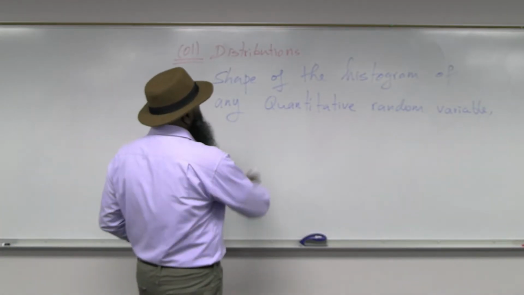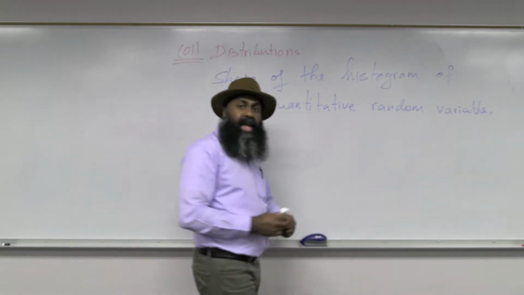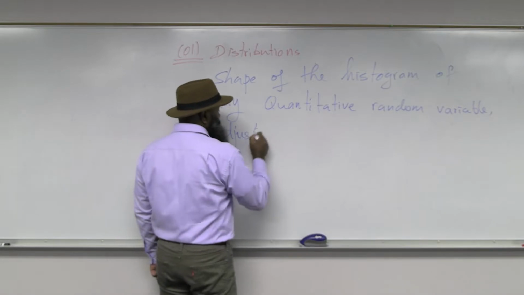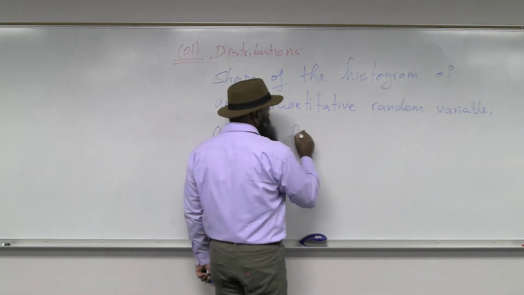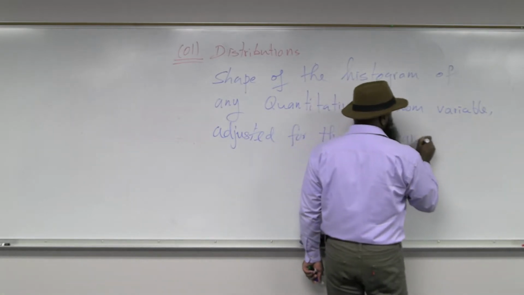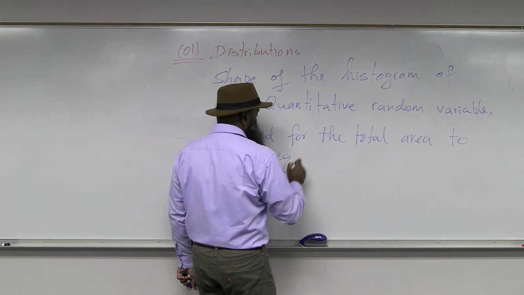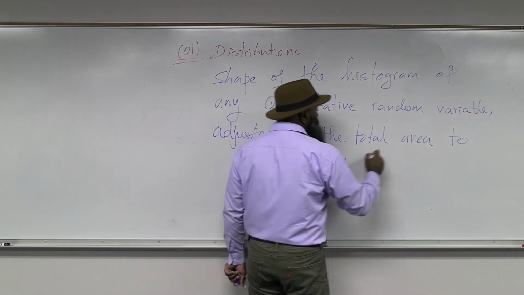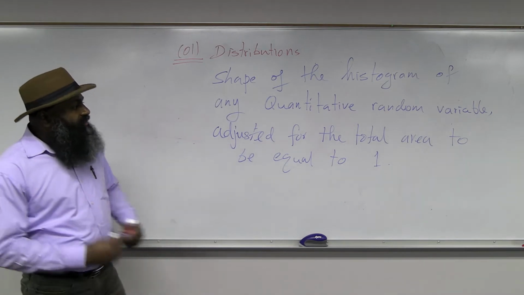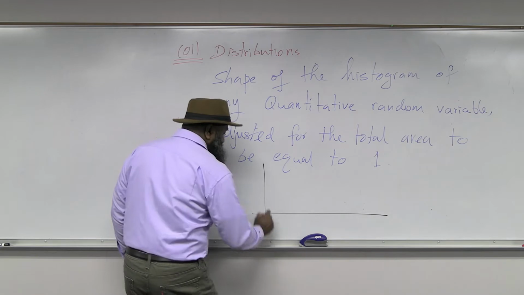So I will write it as this: shape of a histogram of any quantitative random variable adjusted for the total area to be equal to 1.